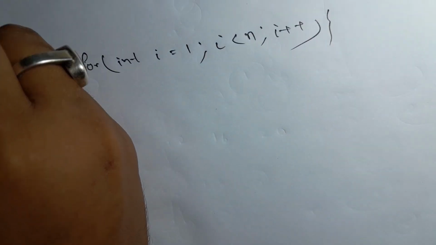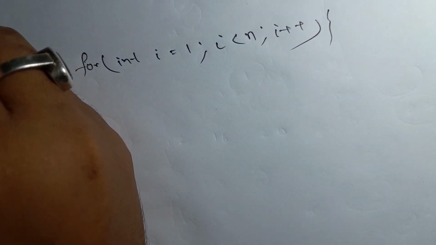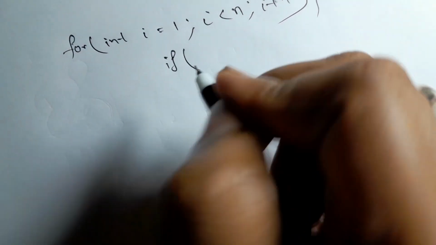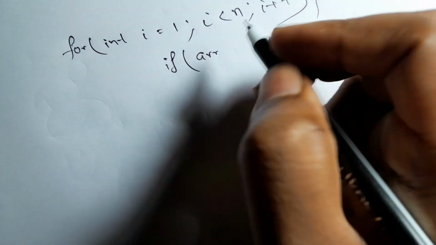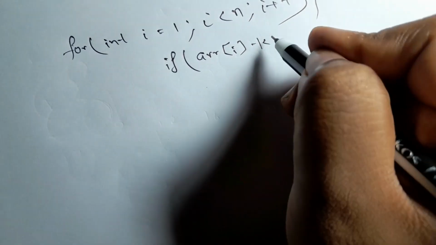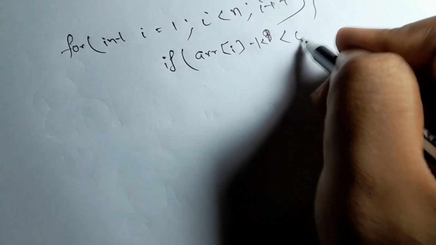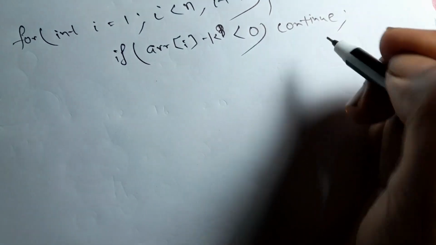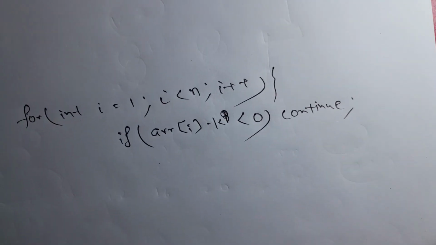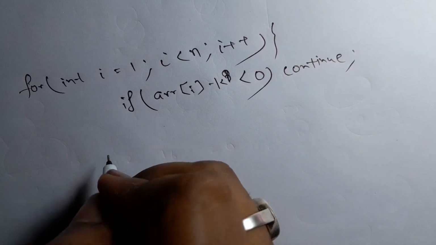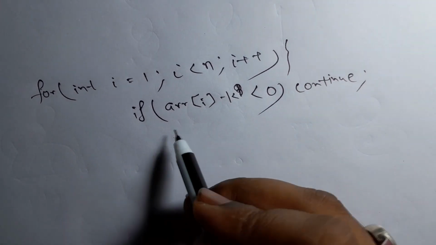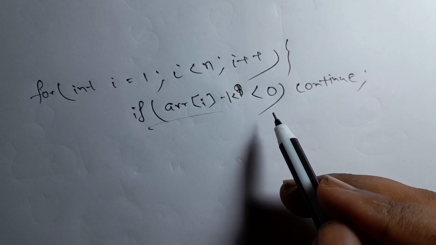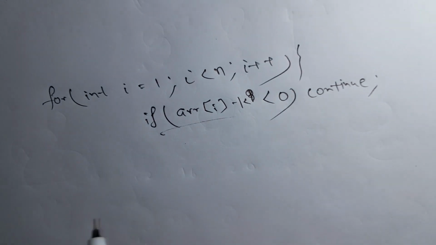I said that the element cannot be negative because the height cannot be negative. So we check: if array of i minus k is less than 0, then simply continue. Clear? Why have I done this? Because I have already said that no element can be negative, because height cannot be negative.